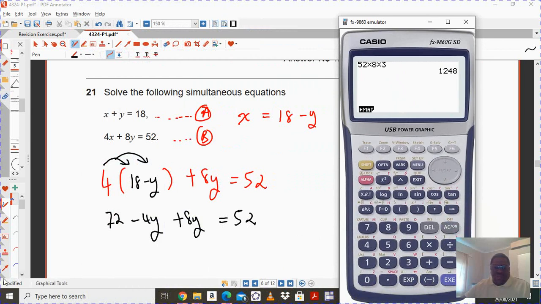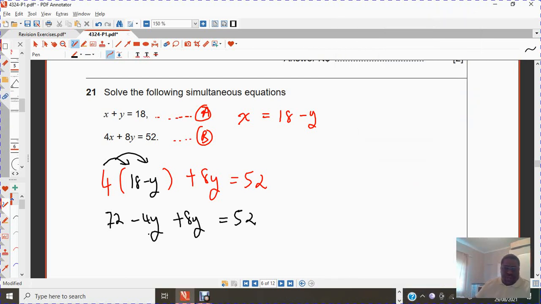The 72 comes from nothing but 4 times 18. Okay, that's where you get a 72 from. Then later on, we're going to have to say 52 minus the 72, which will give us minus 20.